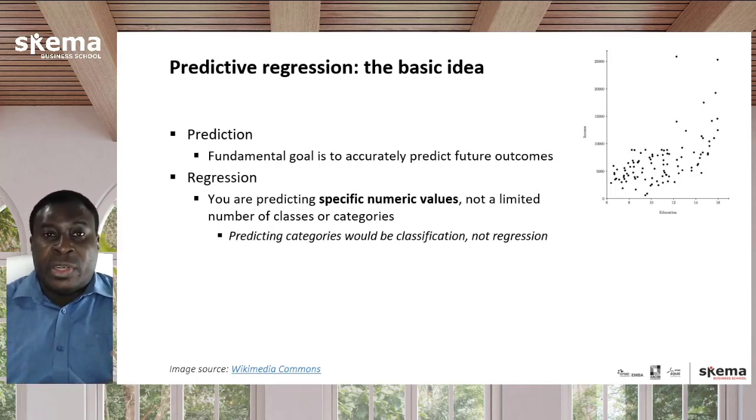But here we're predicting numbers such as how many customers will come to our store, or maybe how long it takes for a project to be completed. So not categories such as will the product succeed or fail, yes or no, or will the customer buy, yes or no. Those would be classification problems.